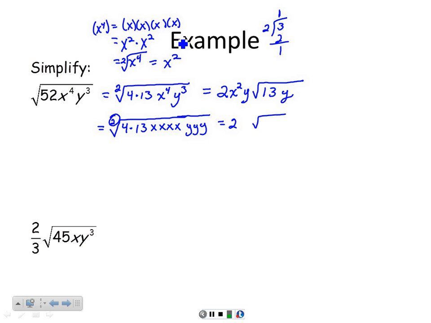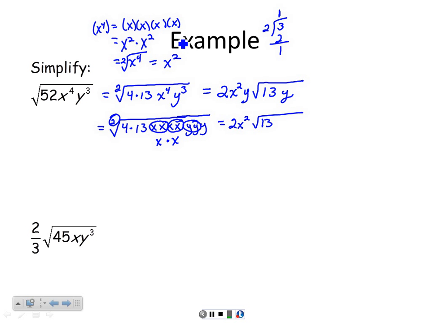And then the 13 has to stay under because you can't take the square root of that. But if you have an index of 2, what you're doing is you're looking for pairs, because x times x and x times x. So we made two pairs. So the square root of x times x is going to be x, and the square root of x times x is going to be x. When you multiply those together, you get x squared.